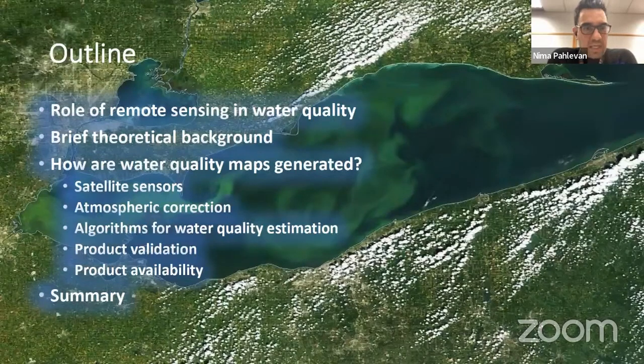That would include discussions about different satellite sensors, a key processing step referred to as atmospheric correction. Then I'll switch over to algorithms for estimating water quality parameters after atmospheric correction, and then I'll talk about validation and product availability. And then I'll finish up with a summary.